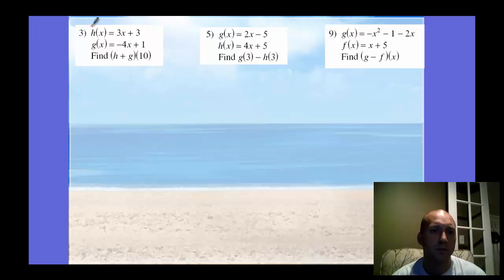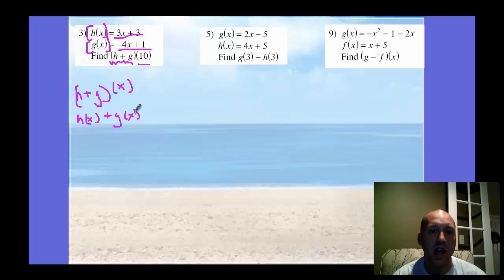So some examples here. We have h of x, and here's the expression for h of x. And we have g of x, and here's the expression for g of x. The problem is saying find h plus g of x, knowing that x is 10. So we can look at this problem two different ways. We can look at h plus g of x, which means the same thing as h of x plus g of x.